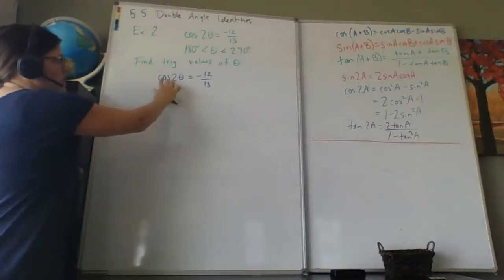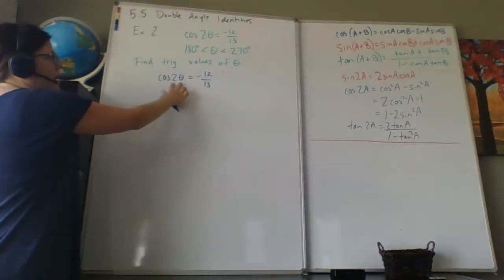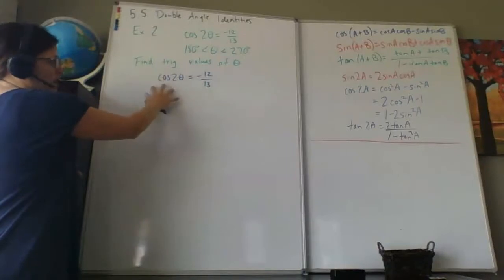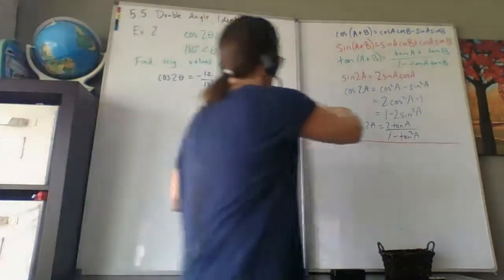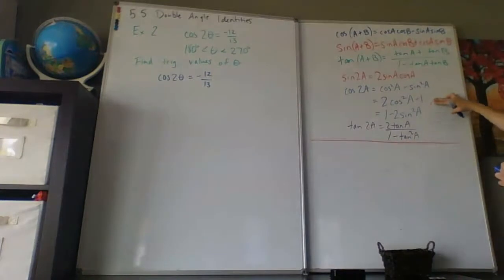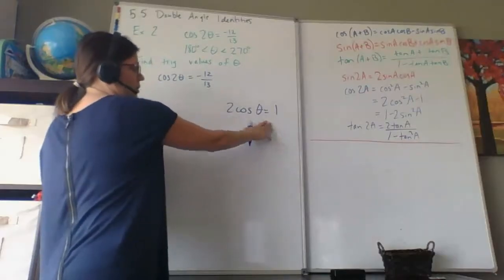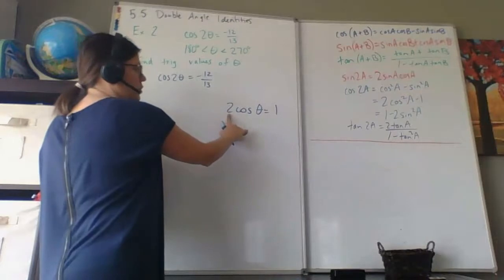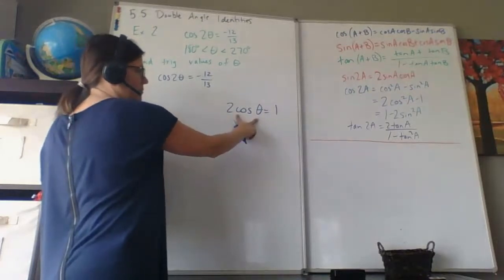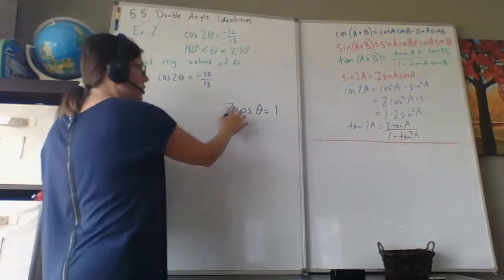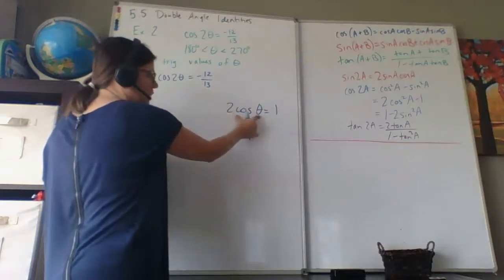However, this cosine of 2 theta is a very complicated expression. In fact, it could be rewritten in any one of these ways. None of them is just saying 2 cosine A. Here is a situation where we could divide by 2, because this is just saying 2 times the cosine of theta. So the 2 is just being multiplied by this quantity right here.